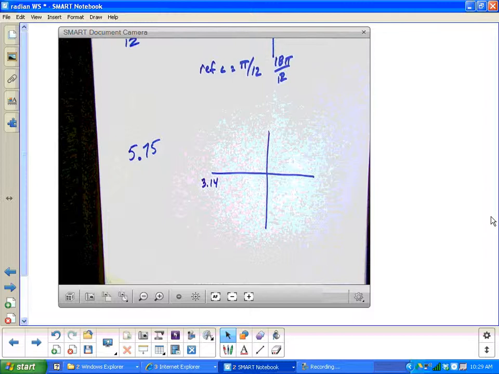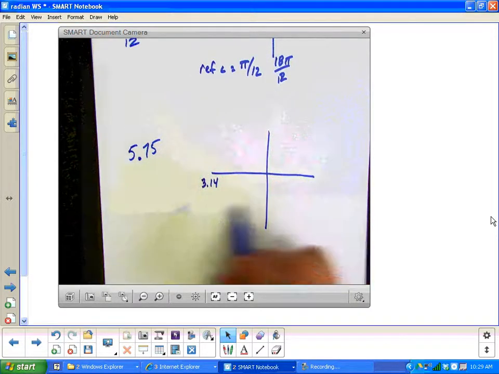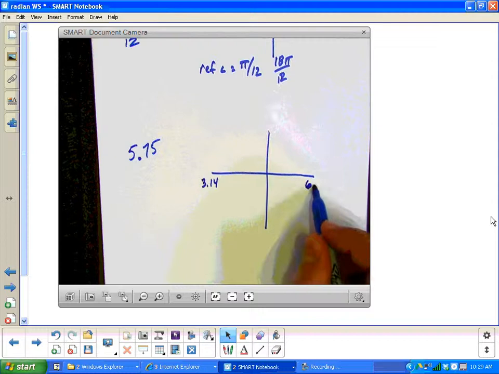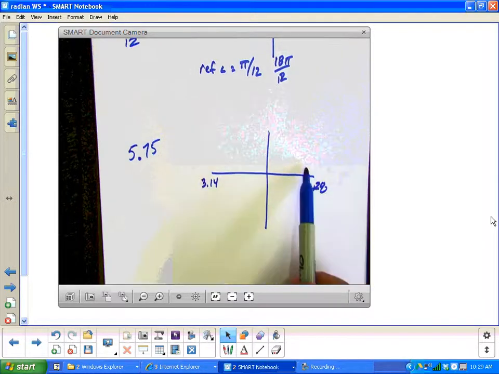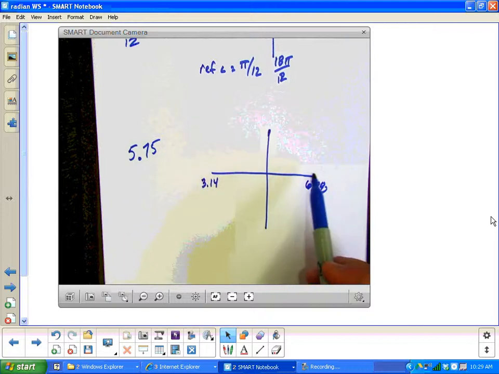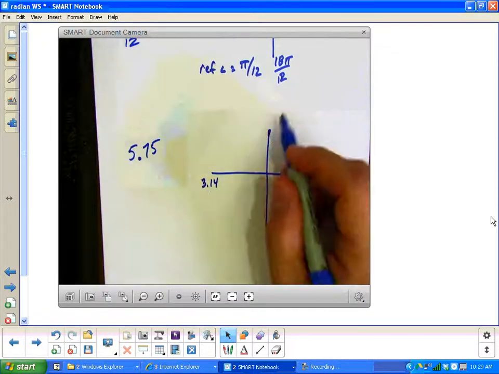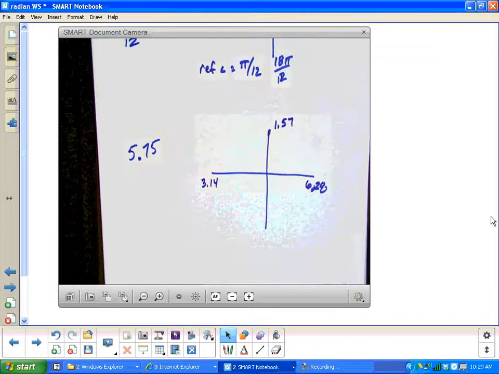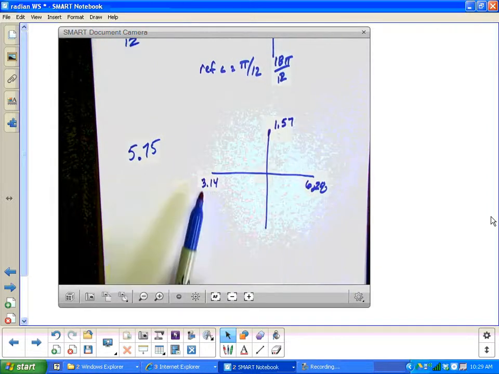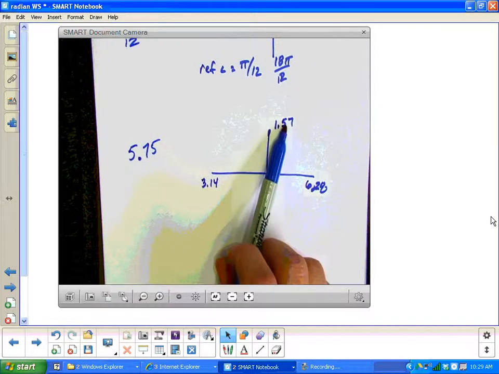Okay, and then what all the way around is 2 pi, and so 2 times that would be 6.28. How could I find out what this decimal value was? Divide it by 2. 3.14 divided by 2 comes out to be 1.57.